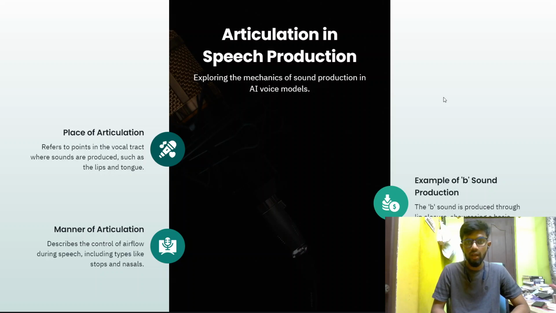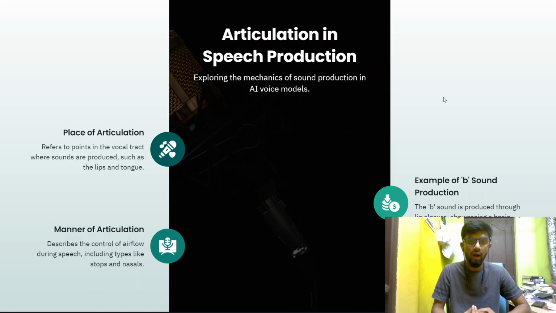So as I said, the NLP concepts used in this voice model are place of articulation, meaning from which place the sound is originating, the point in the vocal tract where sounds are produced, and manner of articulation, which is how the articulation is done, how the airflow is controlled, which part touches which. For example, the sound B occurs by the closure of lips and there is also a burst of air.